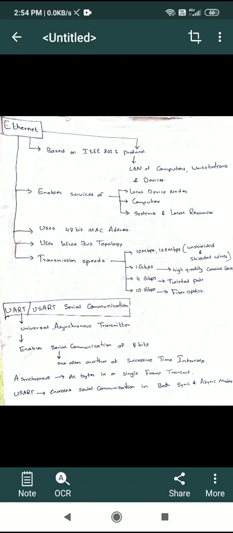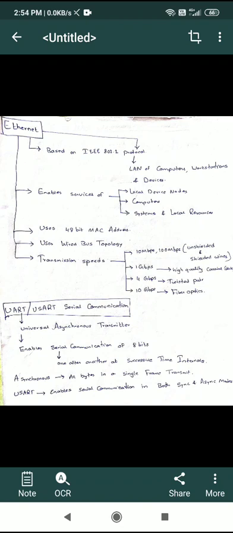Generally we use unshielded and shielded wires and coaxial cables. Simply we call them CAT cables. We prefer quality CAT 5 or 6 cables. Generally in our college we connect the Ethernet through these CAT cables, high quality coaxial cables.